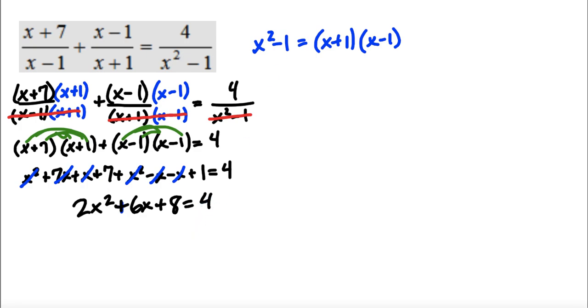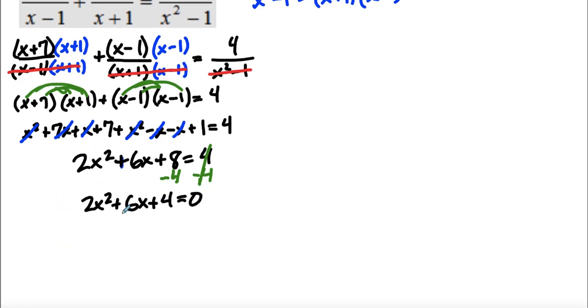Now I'm almost ready to solve this, but I need to move the 4 over here. You always want to have your equation equal to 0 to solve a quadratic. So I'm going to rewrite this. Now, this looks like you have to do factoring by grouping, but notice you don't have to do that. You can just factor 2 out of every term. So I'm going to factor 2 out here.